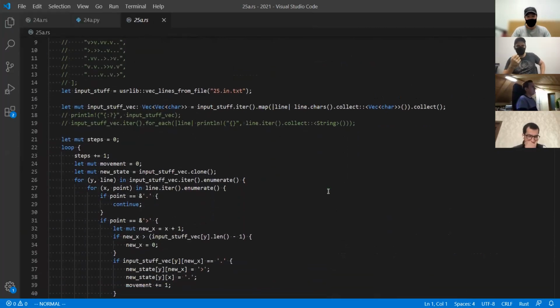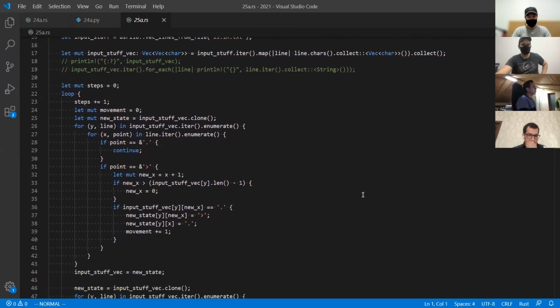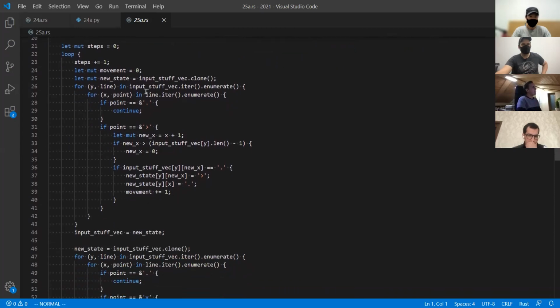so looks like I first created my vector of inputs, which I just make a vector of characters. I chop this up into individual characters and put that into an array. And then I just brute force it. I do the east movement. If there's a place to move, and if it's a right movement, then I go ahead and move over there. I use different states because everything is supposed to happen at the same time.